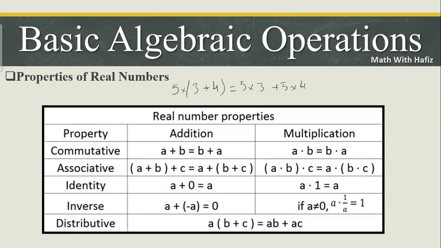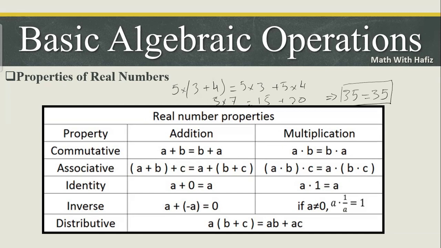All right. 3 plus 4 is 7, 5 multiplied by 7 is 35. 5 multiplied by 3 is 15, plus 5 multiplied by 4 is 20, and 15 plus 20 is 35. See? So it does not matter which way you go.